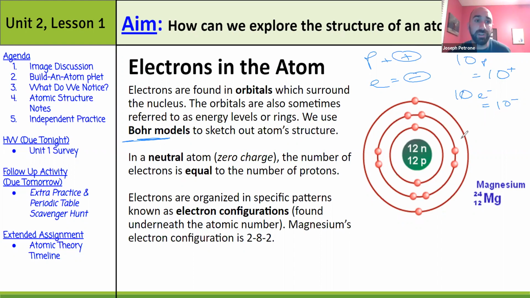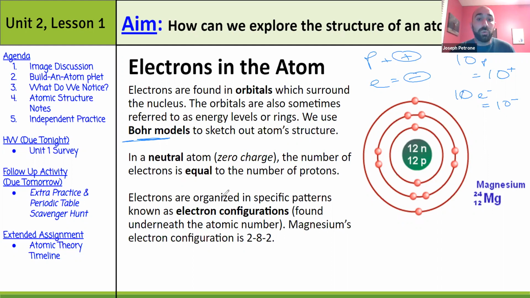Those charges cancel out, like as you know from your math class. Positive 10 plus negative 10 is equal to 0. We are going to get into how atoms can have a charge later on in the unit. Once again, a neutral atom has the same number of protons as electrons. And for the time being, every atom we study is going to be neutrally charged.